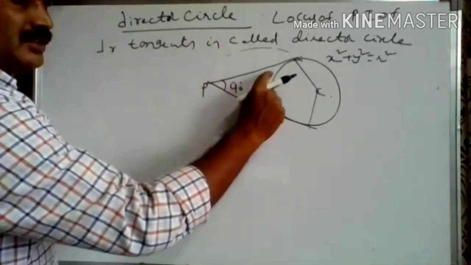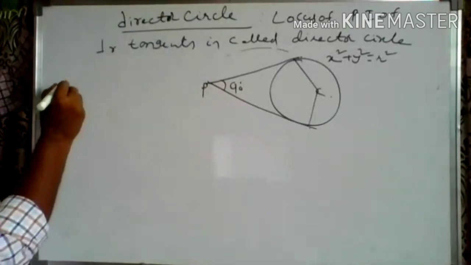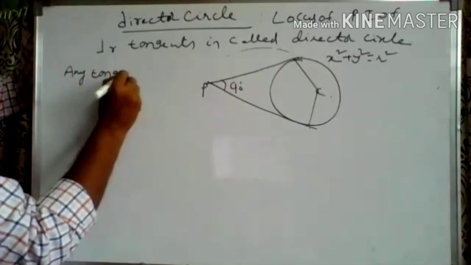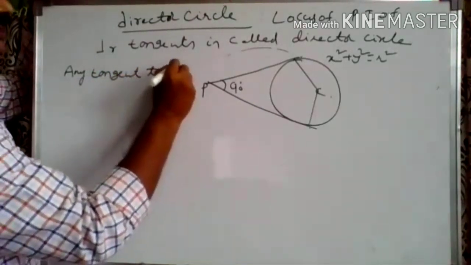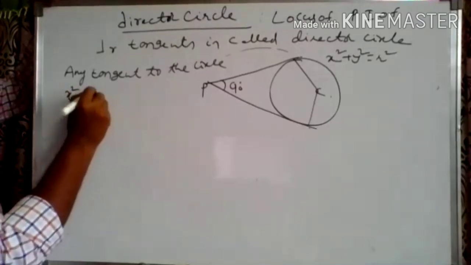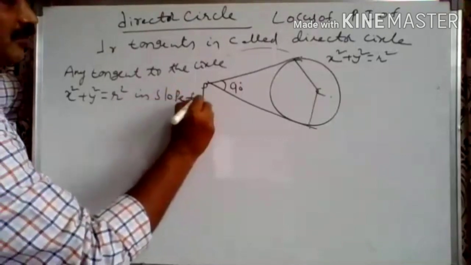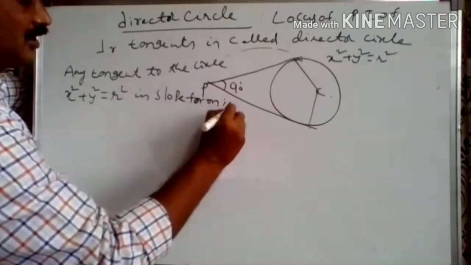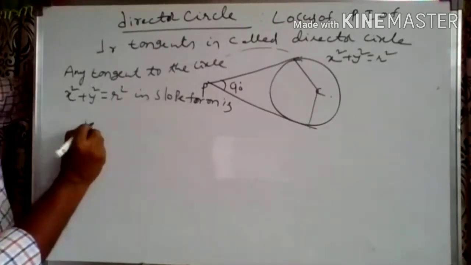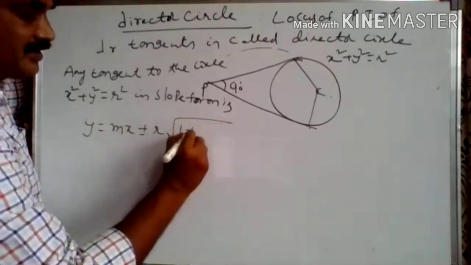Any tangent to the circle x square plus y square is equal to r square in slope form is y is equal to mx plus or minus r into root of 1 plus m square.